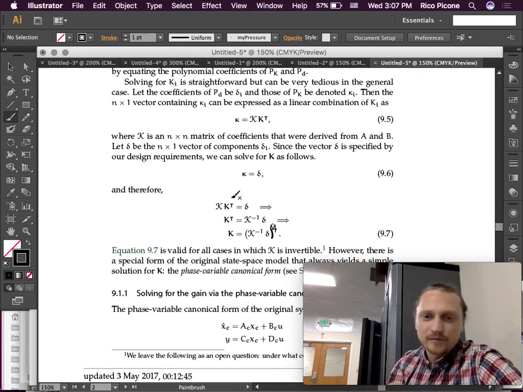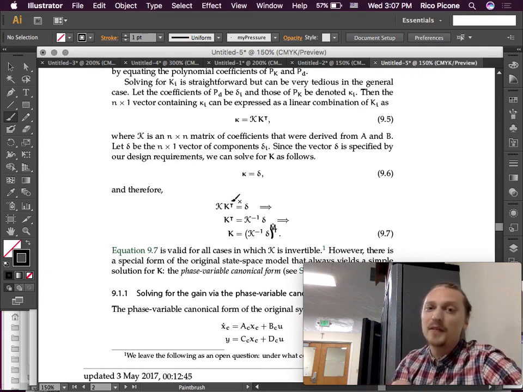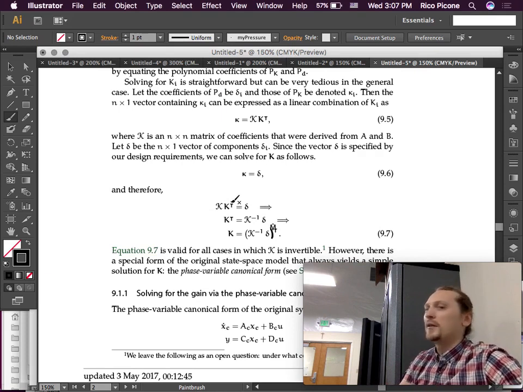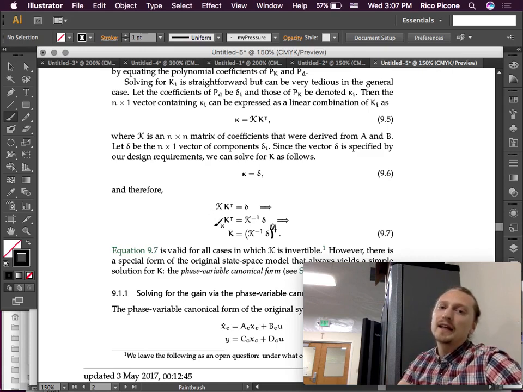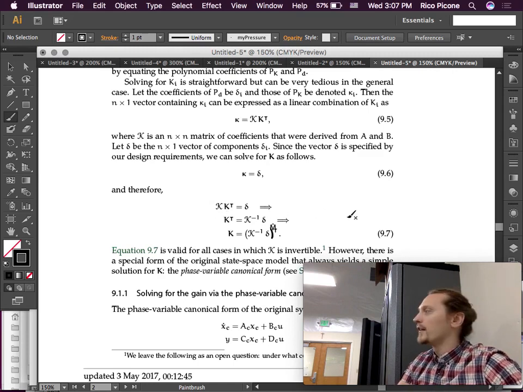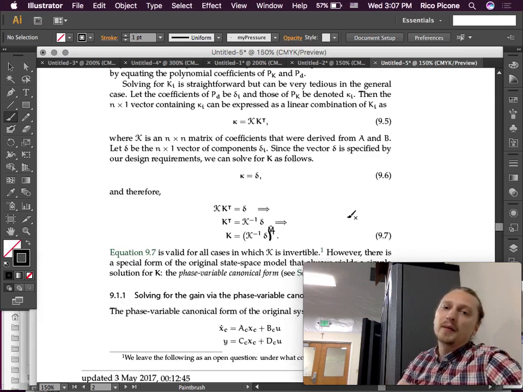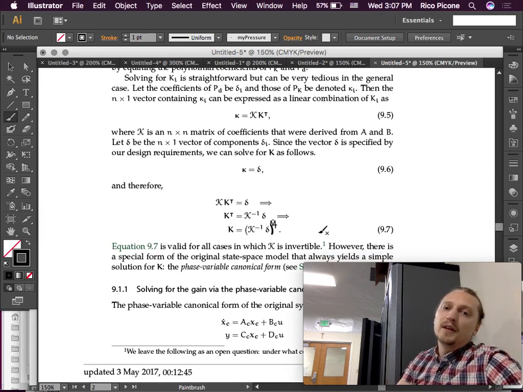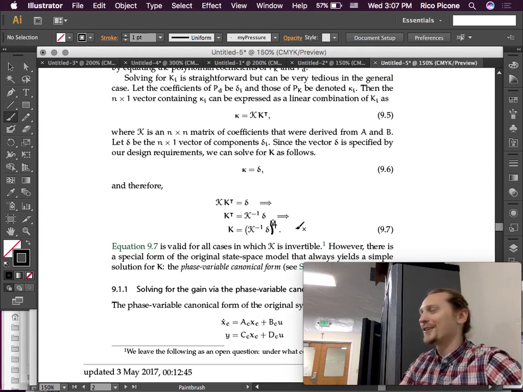Okay, so we want to solve this for the gains. Ideally, we know what the gains are, so we just want to solve for them. If we left multiply both sides by script K inverse, we get the next line. And that last line, 9.7, is what we get if we take the transpose of both sides.